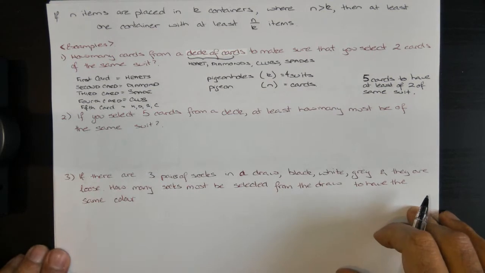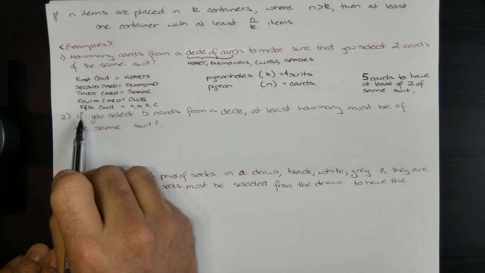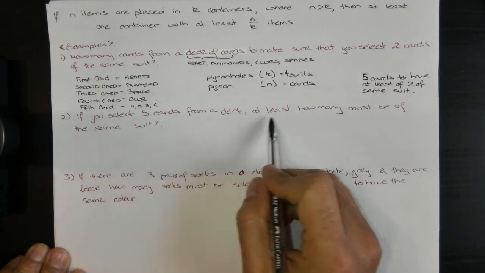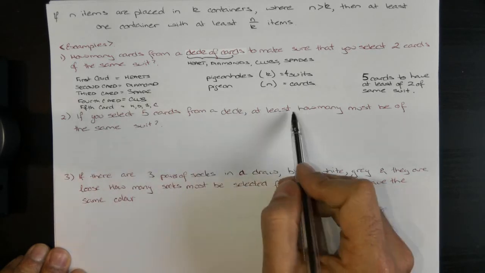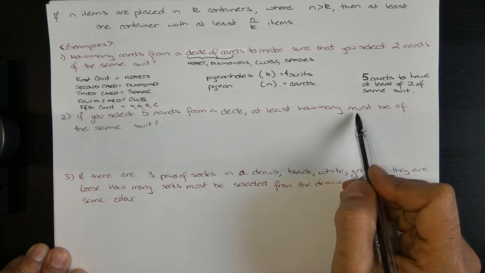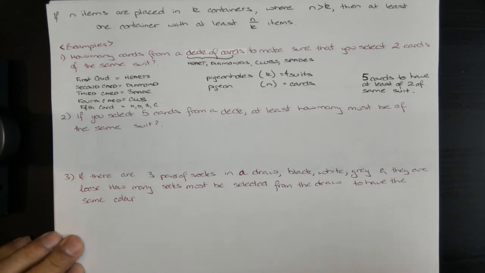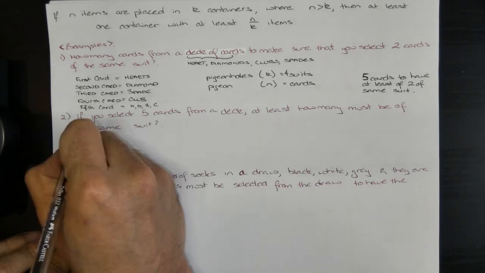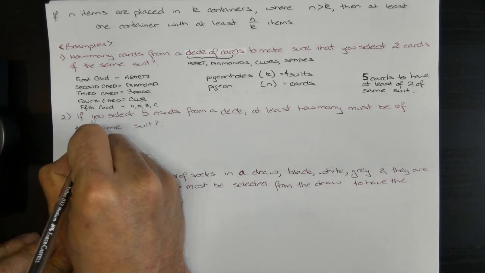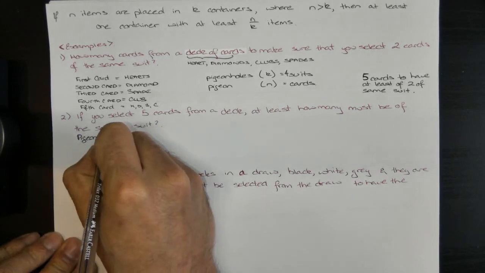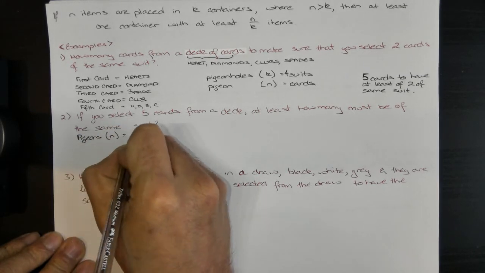Okay. Let's think about part 2. If we selected 5 cards from a deck again, at least how many must be of the same suit? Okay, so in this case, our pigeons, which we're going to label as N, that's 5.